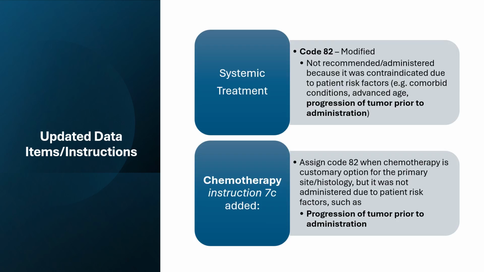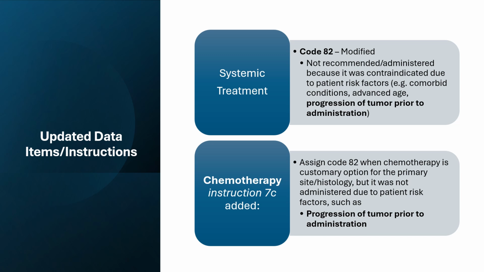Code 82 has been updated to include progression of tumor prior to administration of systemic treatment, as well as instruction 7C added to chemotherapy, that code 82 includes progression of tumor prior to administration as a reason why treatment was not administered.